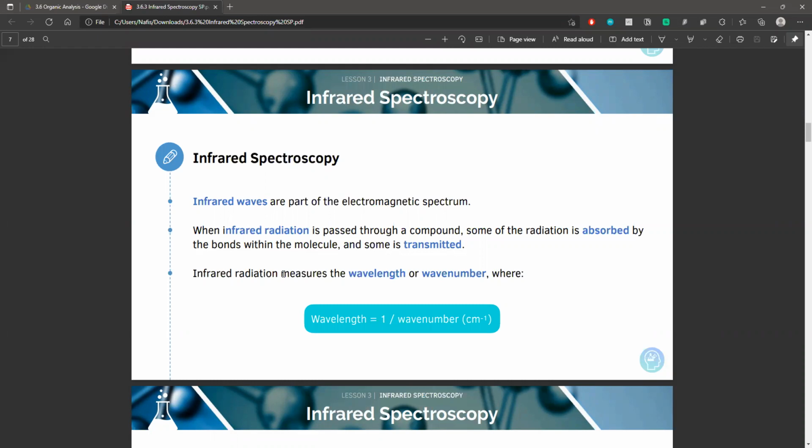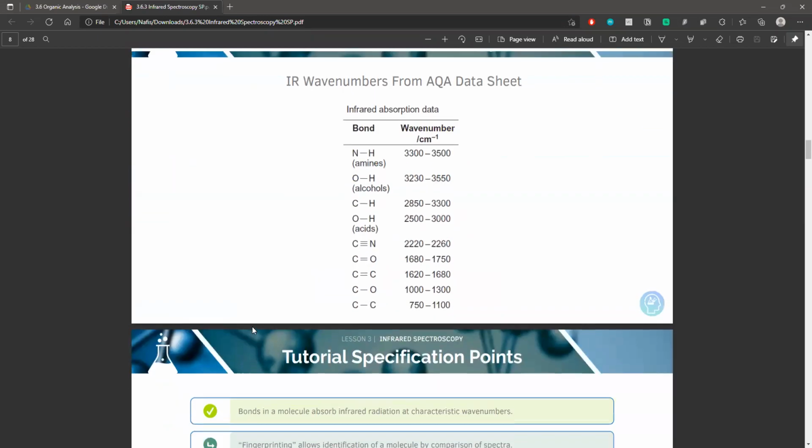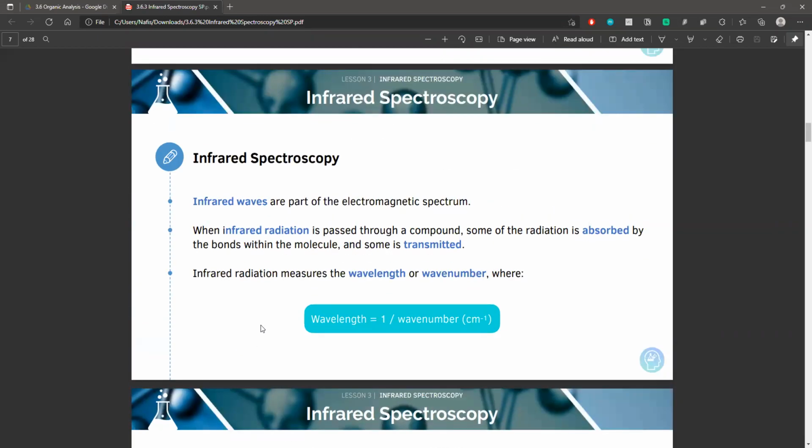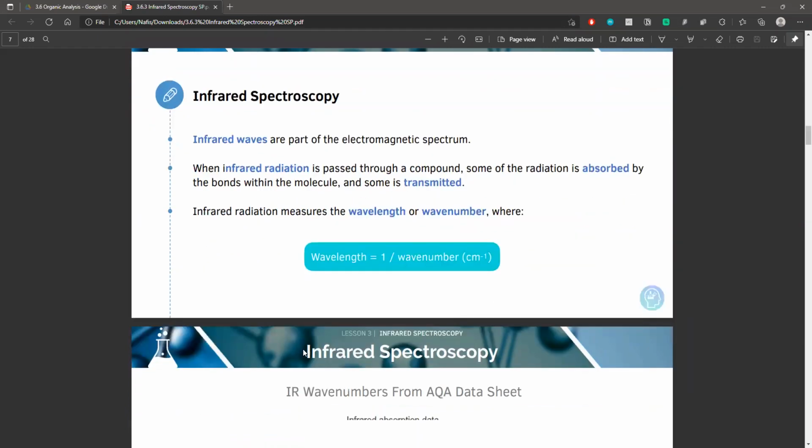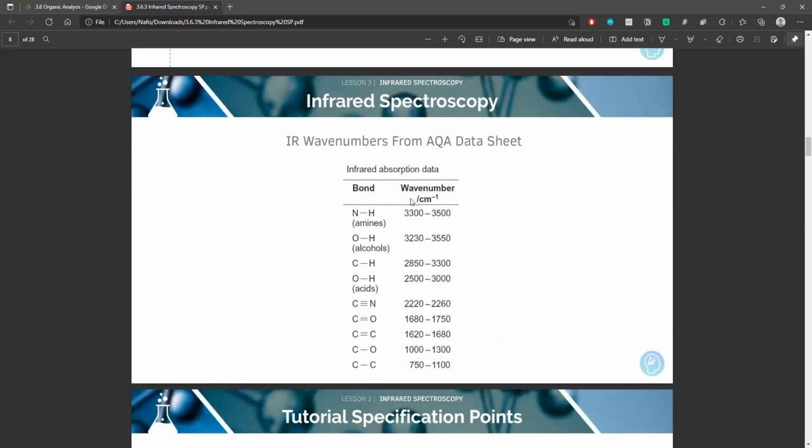Infrared measures the wavelength, where wavelength equals 1 over wave number. You don't need to worry about that too much. But basically, when the IR is passed through the compound, each of the bonds absorbs a different amount, and that amount is unique to the bond itself. That creates the wave number structure.